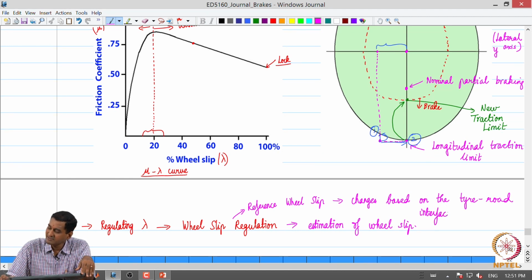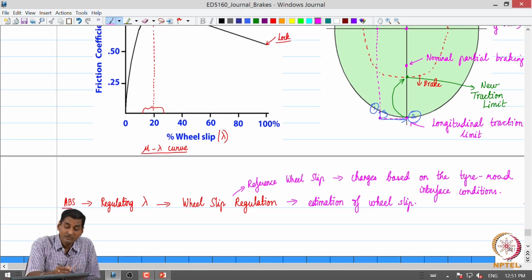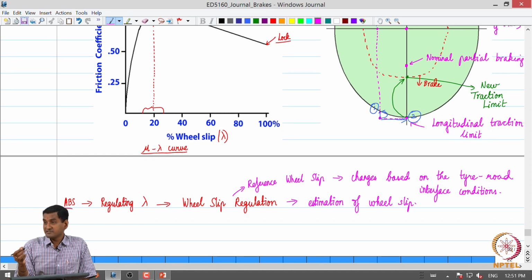Dry road, wet road, snowy road, icy road, it is going to change. It may be 15% for a dry road, and it can come down to, let us say, 4 or 5% for a snowy or icy road. So, there is a range. How do we regulate it? So, I have to find out what is the reference wheel slip, and then people talk about mu estimation.